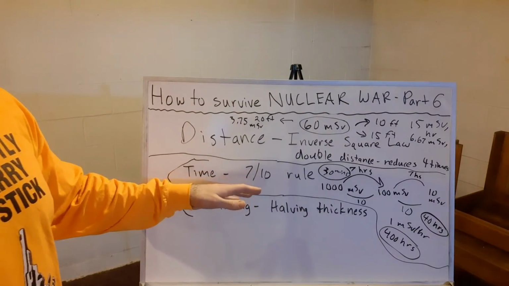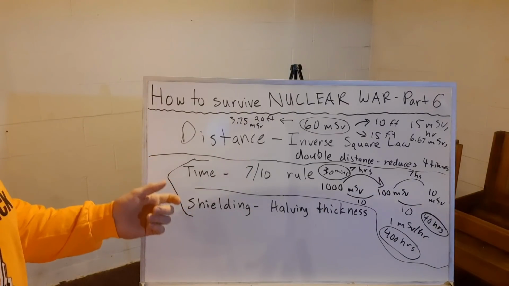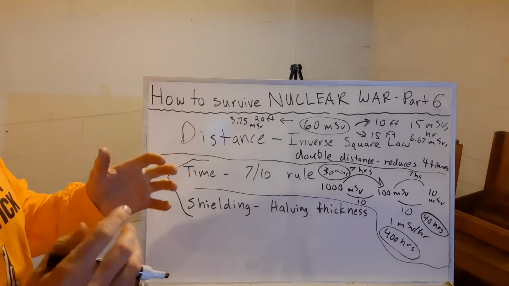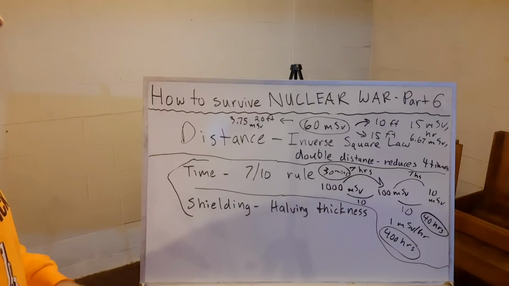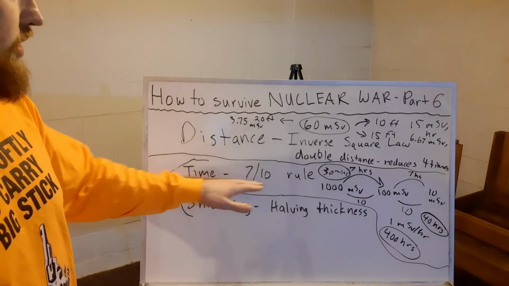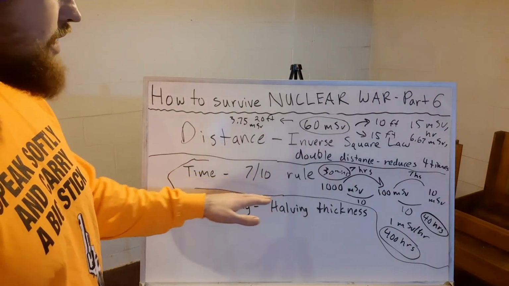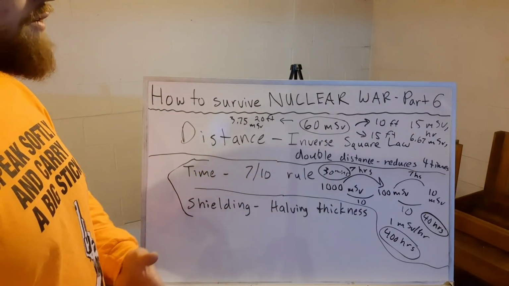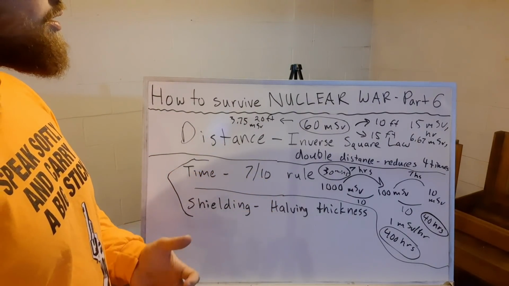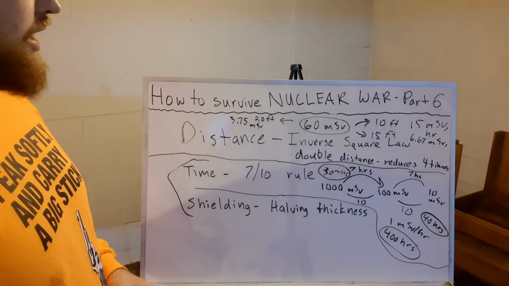It doesn't apply to radioactive fuel rods, okay? Actual radioactive materials like plutonium and uranium, it doesn't apply. Okay, this just applies to fallout, okay? Fallout. It does not apply to nuclear fuel rods, plutonium, enriched uranium, nuclear reactors, okay? It does not apply.